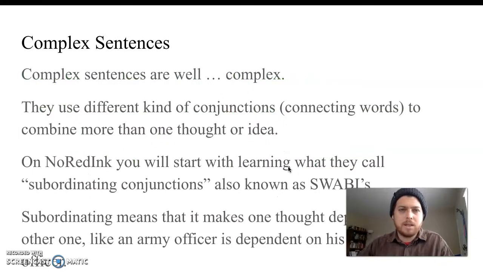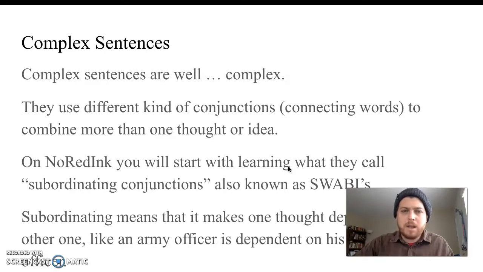All right, complex sentences. Well, complex sentences are complex. We use different kinds of conjunctions or connecting words to combine more than one thought or idea. Okay. So when you get into No Red Ink and you master the compound sentences with fanboys, then they're going to start teaching you about subordinating conjunctions. Now, subordinating is a really big word.